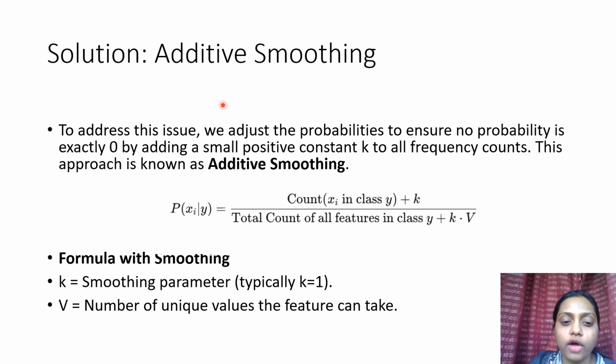This is the formula for additive smoothing: P of xi conditioned on y is the count of xi in class y plus k, divided by the total count of all features in class y plus k times v, where k is the smoothing parameter, typically equal to 1, and v is the number of unique values the feature can take.